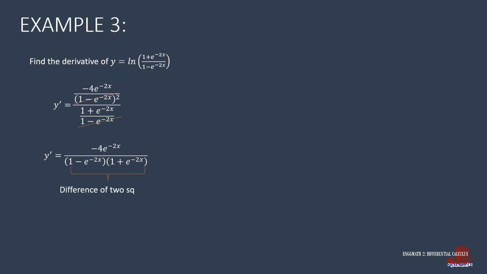Note that the binomials in the denominator form the difference of two squares, so we can reduce them as the square of the first term minus the square of the second term. If we simplify it a little more, we get negative 4 times e raised to negative 2x all over 1 minus e raised to negative 4x.